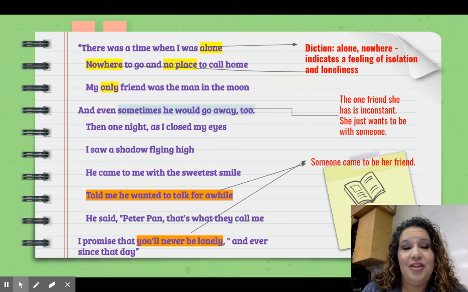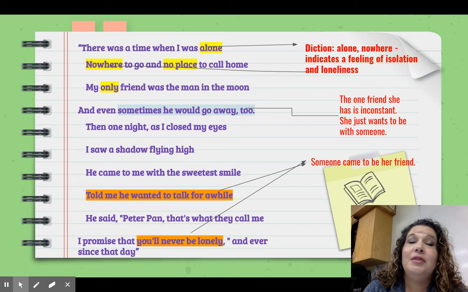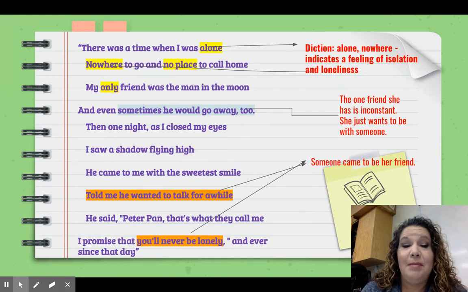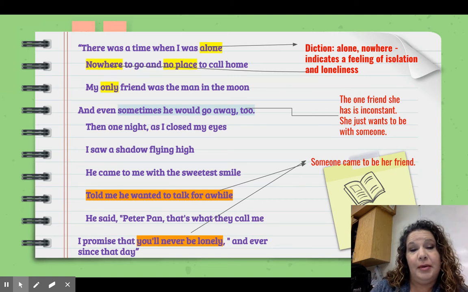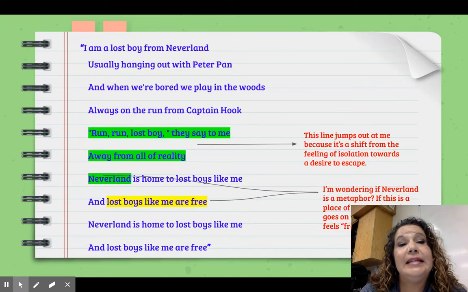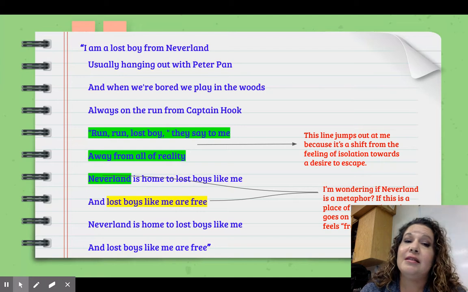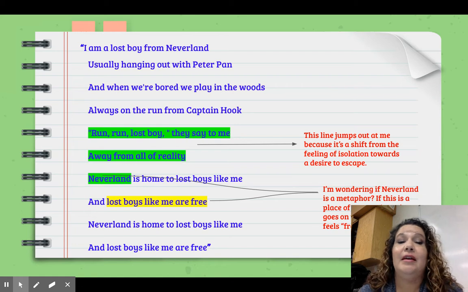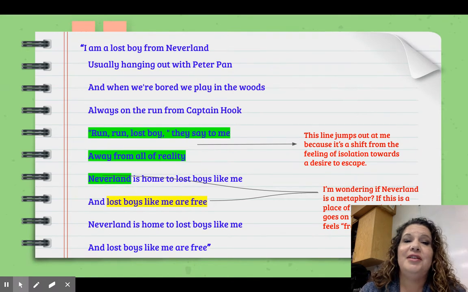And then a shadow came to her and, with the sweetest smile, said he actually wanted to talk to her and be her friend, and that she would never be lonely. And since that day, even though she's lost, she's in Neverland, 2 negative words, she is conveying a positive connotation, and she's hanging out with Peter Pan, and that even though they're bored, they play.